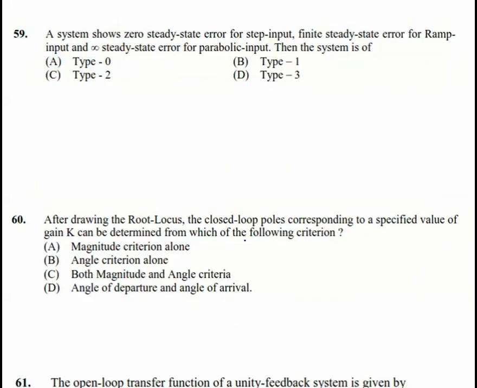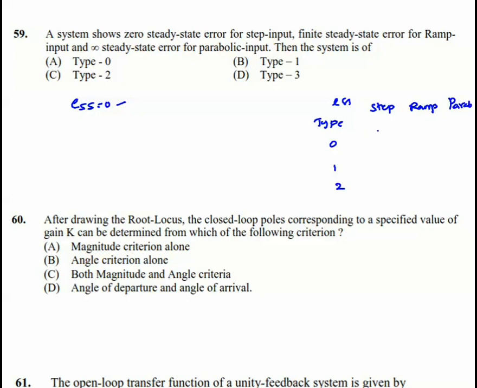And next question: a system shows zero steady state error, that is ESS is going to be 0 for step input, finite steady state error for ramp input, and infinite steady state error for parabolic input. So let's take the table. ESS values: first I will take type 0, 1, 2, and ESS for step input, ramp, and last one parabola.